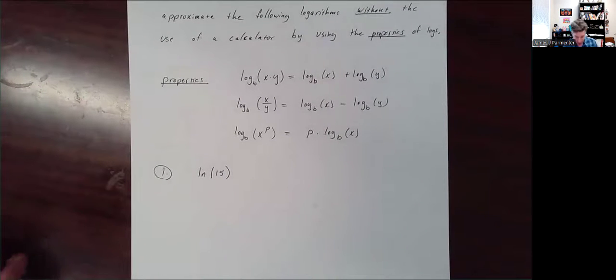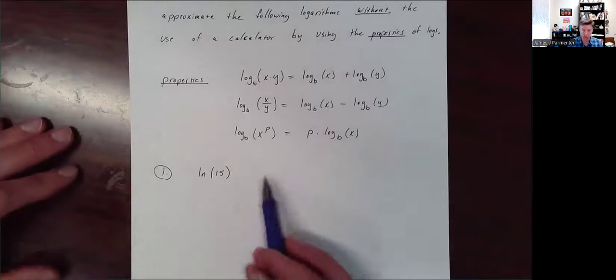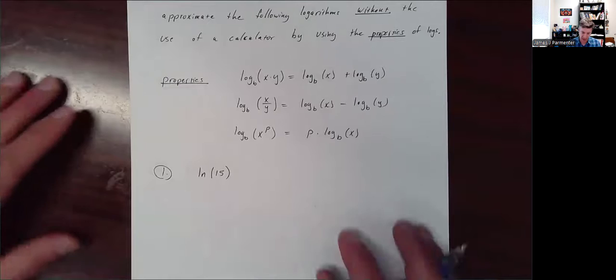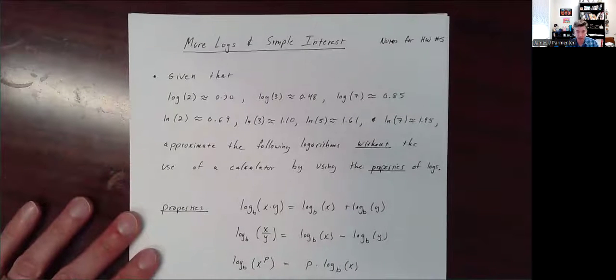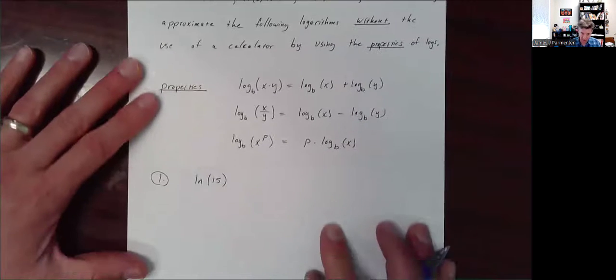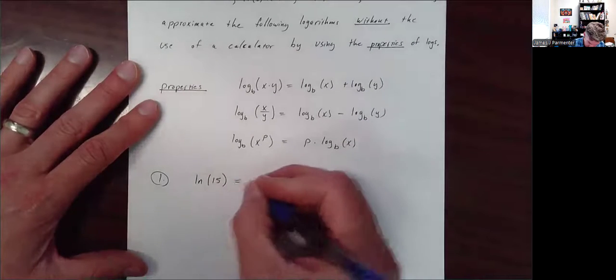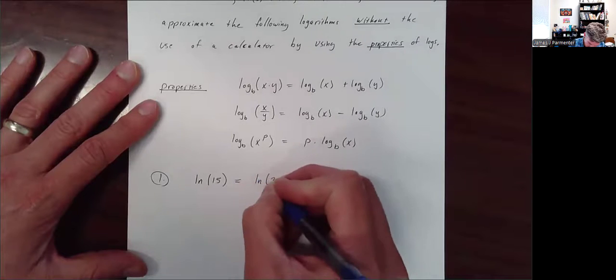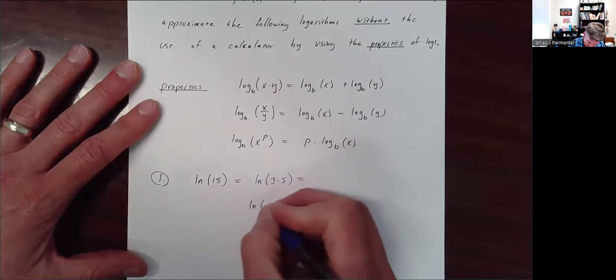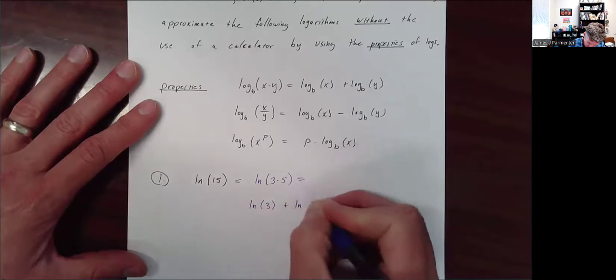first quarter of calculus. So we want to approximate natural log of 15 by writing it in terms of the things I just mentioned so that we can approximate it. So notably, 15 is equal to 3 times 5. So we're going to write this as the natural log of 3 times 5. We're going to break it up as the natural log of 3 plus the natural log of 5.